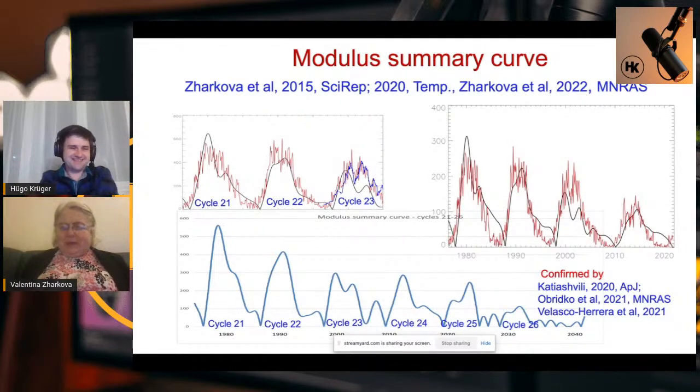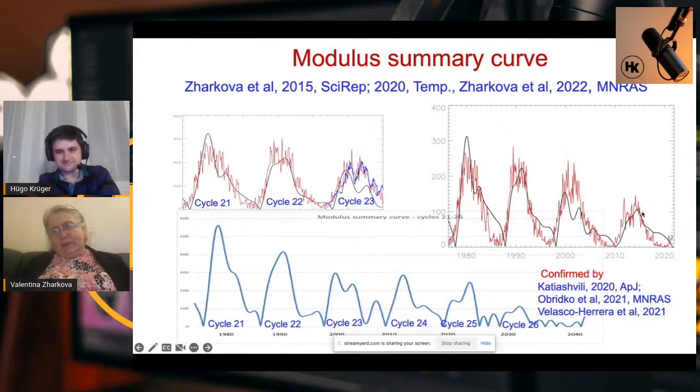We published another paper in Monthly Notices in 2022. Now we added cycle 24. This is the observation of cycle 24, and this is our curve. We feel great because we confirmed that the background magnetic field is the one which defines the appearance of solar activity.